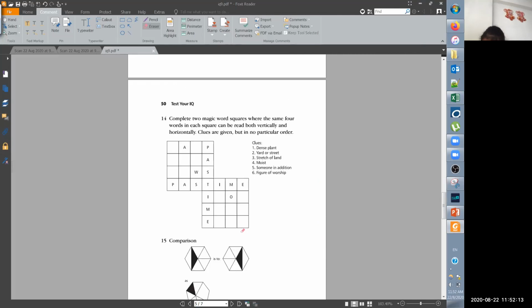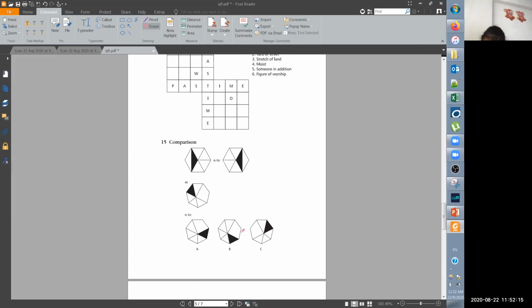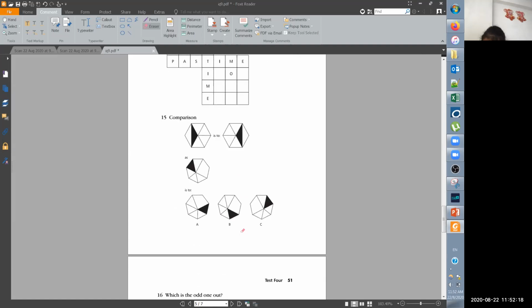这个不用，14题不用。来，15题，你的答案是15. What's the answer for 15? C. Circle. Yeah, nice. Very good.